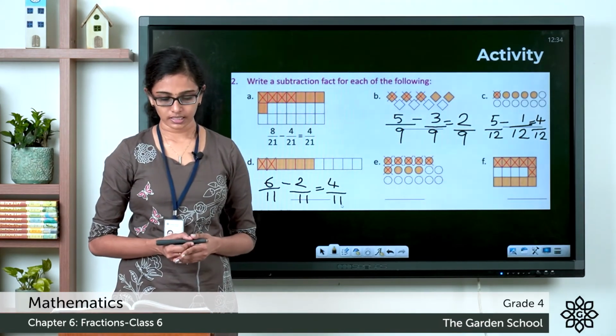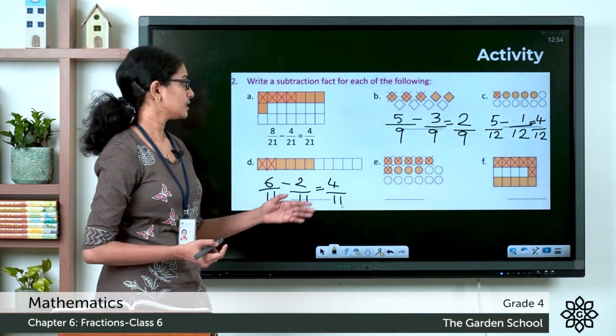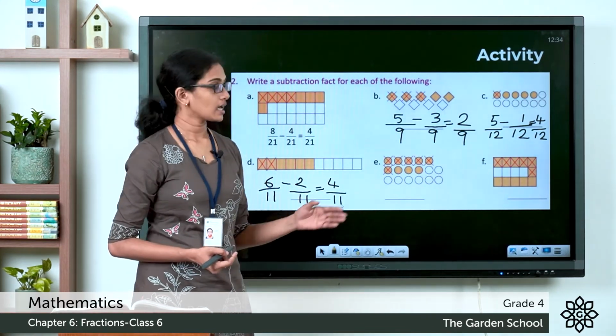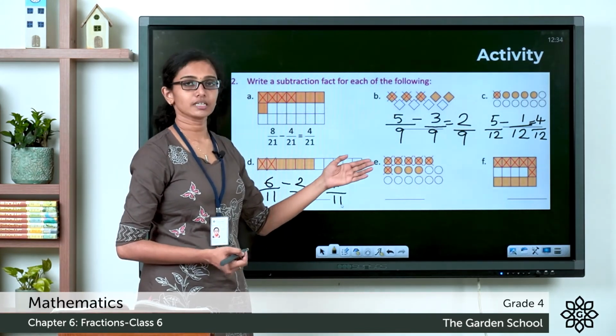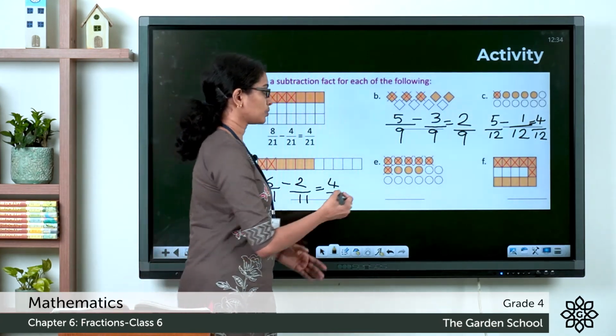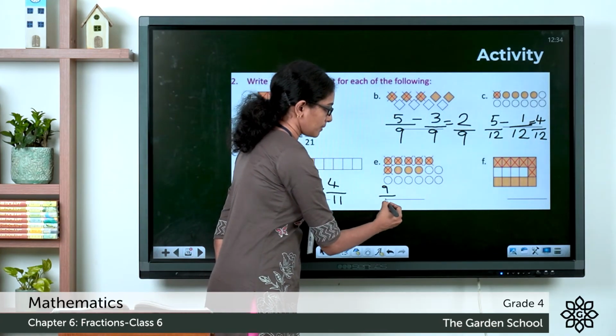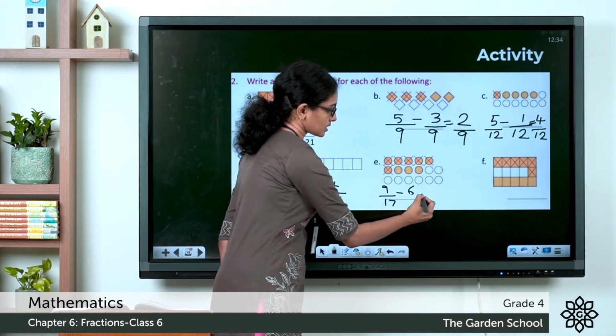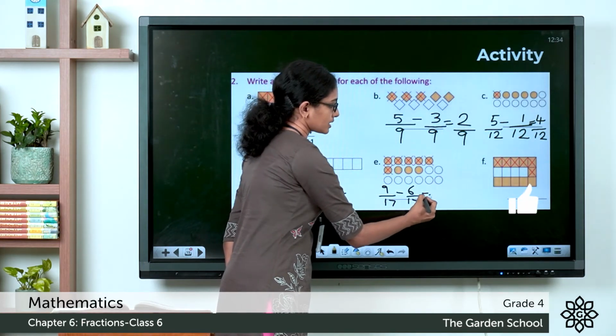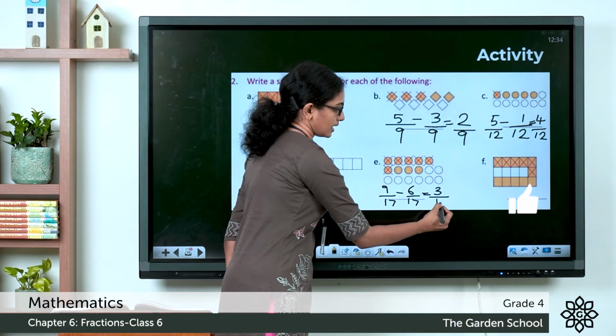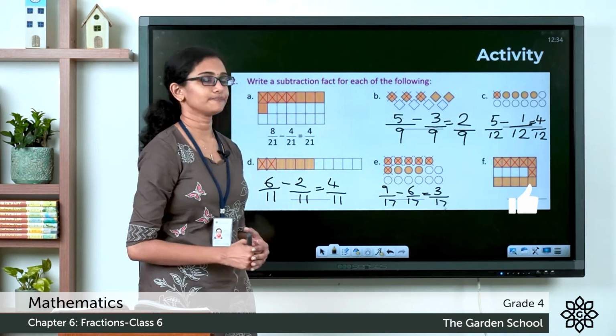Now the next question, there you can see a total 17 shapes, out of which 9 are shaded and 6 are crossed. So that would be 9 by 17 minus 6 by 17. 9 minus 6 is equal to 3 and the denominator 17.